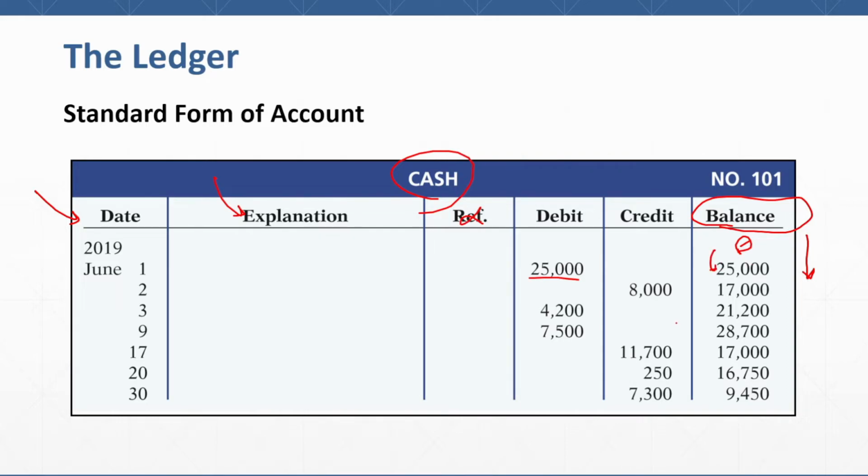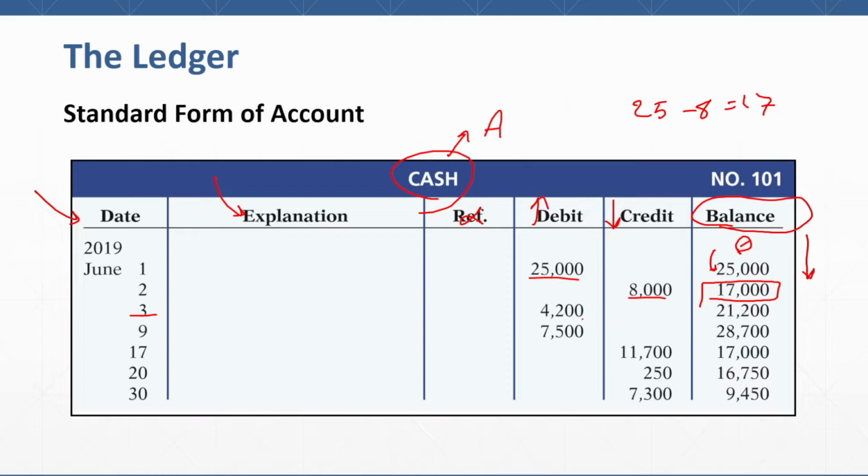And then we credited cash $8,000. Remember, for cash, which is an asset account, debit means increase, credit means decrease, right? So when we credit 8,000, we are decreasing our previous balance by $8,000. So the new balance is now $17,000. 25 minus 8 is 17. Then we debit our cash account again on June 3rd, 4,200.